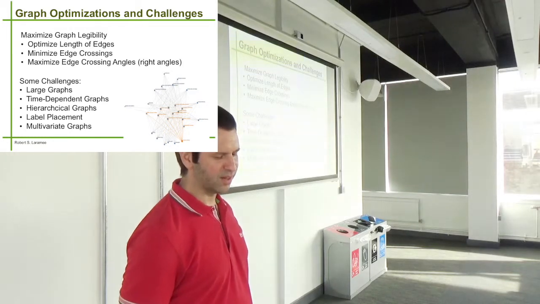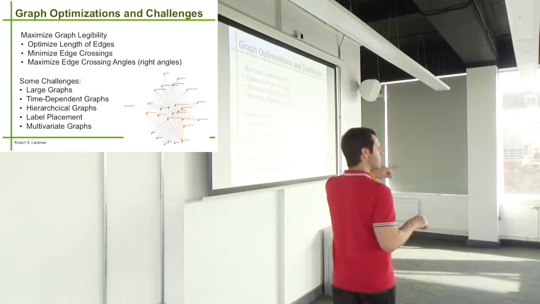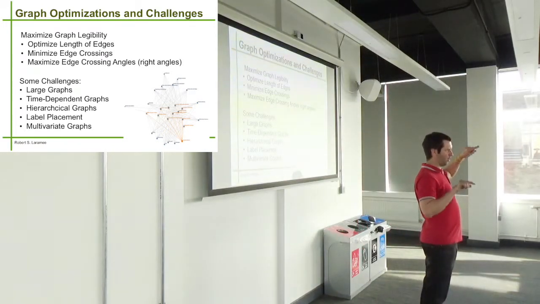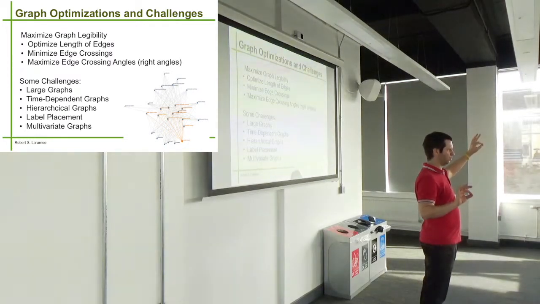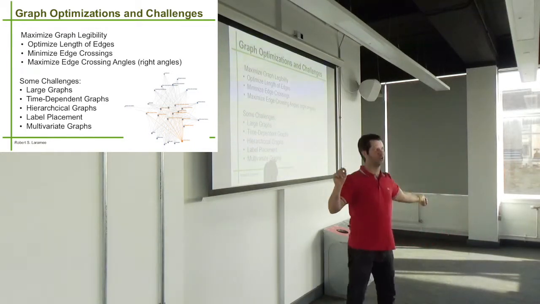To optimize the length of the edges between the nodes. So if the edges are too long, it's hard to derive the connections between 2 nodes. If I have a node over there, and a node over there, then it's hard to see the connection, unless there's just one connection.